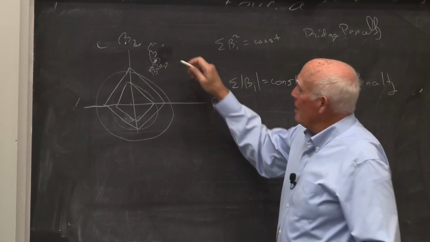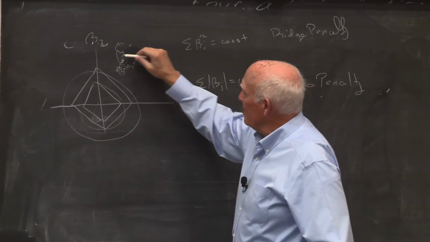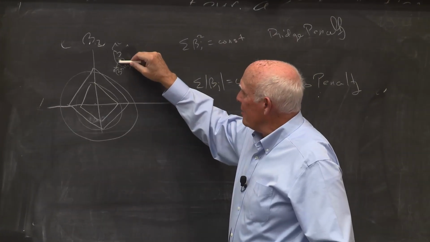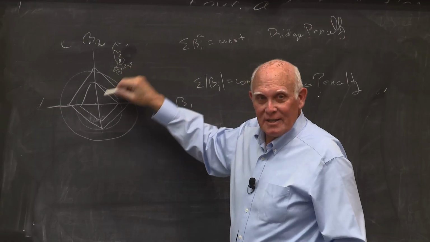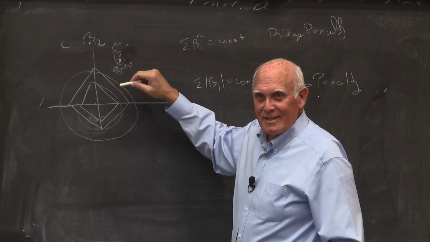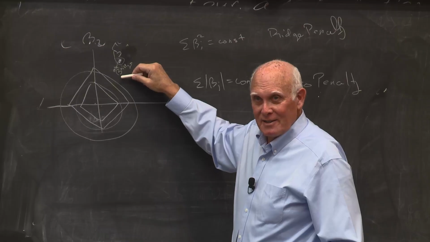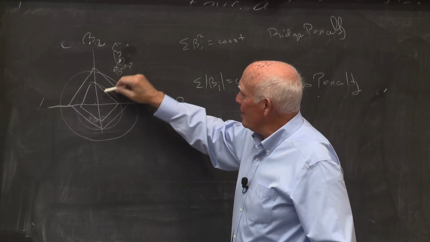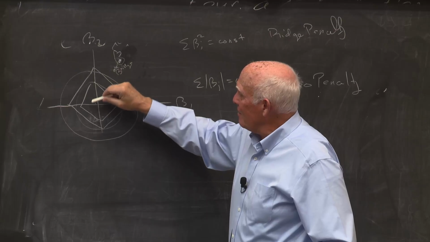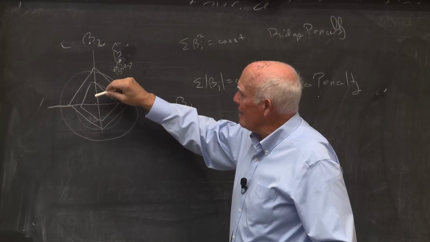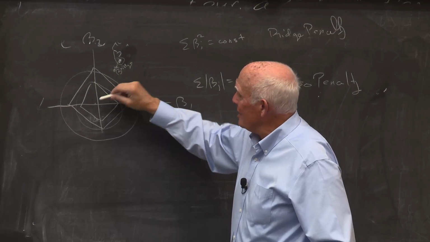With Lasso regression, we consider finding an estimate that minimizes the least squares, but is also constrained to have a sum of absolute magnitudes that's smaller.